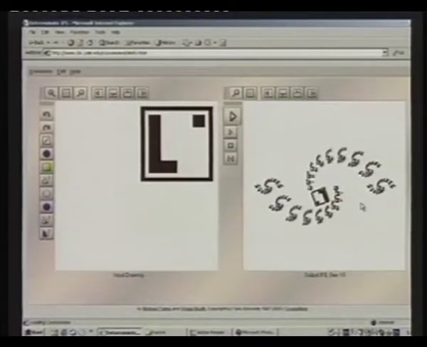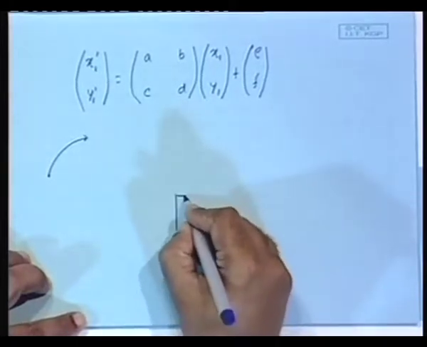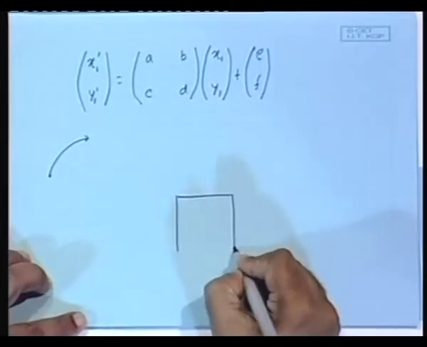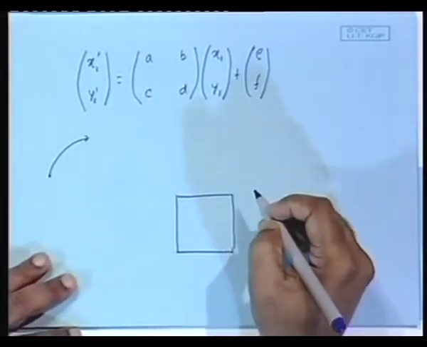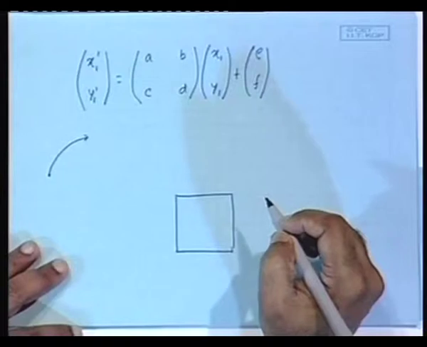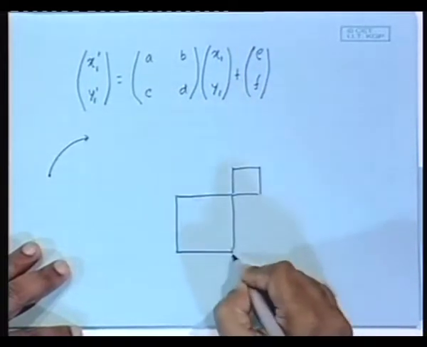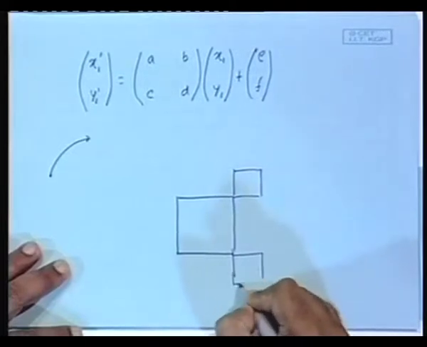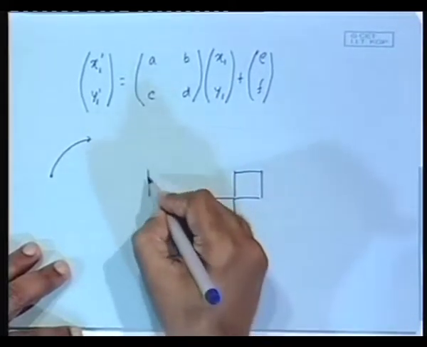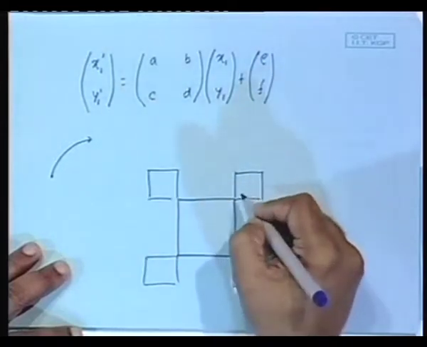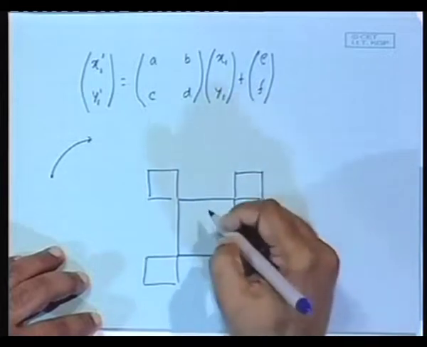Okay. Suppose there is an image where you have a, look at the drawing here. Imagine that this kind of structure is there in each of them.